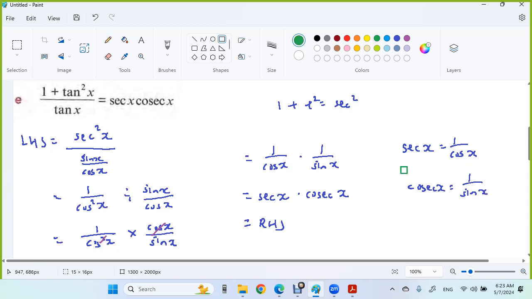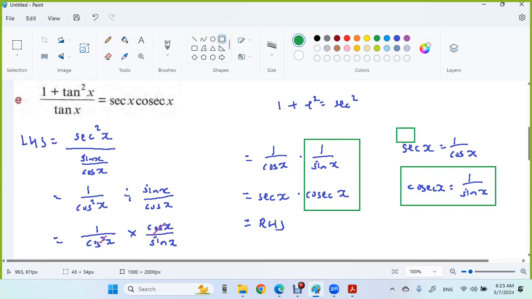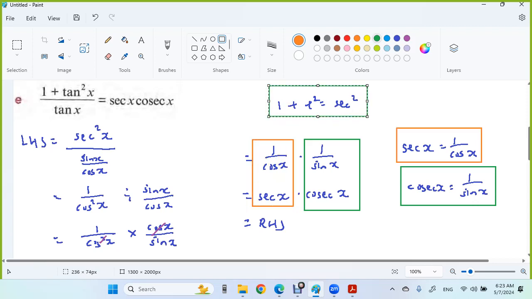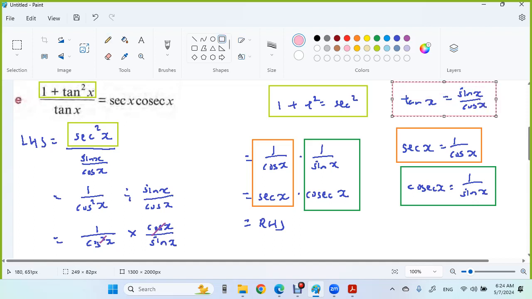Okay, so cosecant is 1 over sine, and then the secant is 1 over cos, and I have the 1 plus tangent square is equal to the secant square, and the tangent is sine over cos. So we have the tangent x equal to sine x over cos x. Okay, sine over cos.